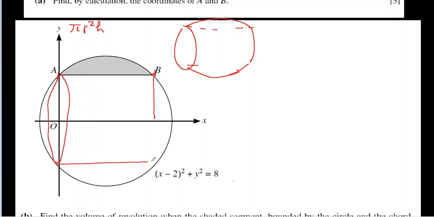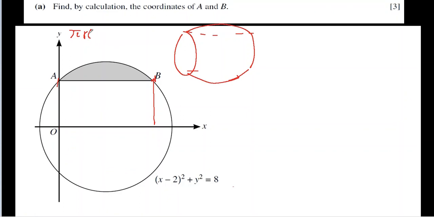So πr², r is OA, this is the radius, OA is 2, so 2 squared, and h is AB, this height is 4, so 4 times 4, 16π. 16π is the volume of this inner cylinder which we'll have to remove later. So once we find our volume, we'll subtract 16π from it.